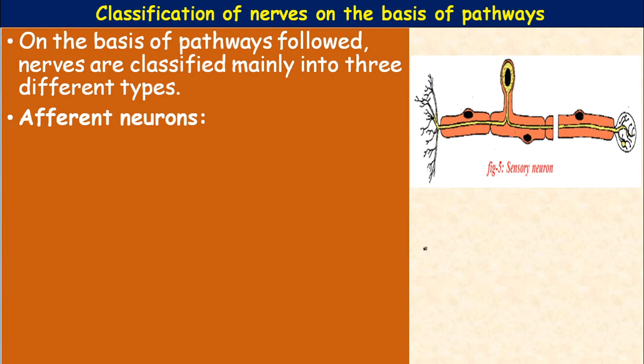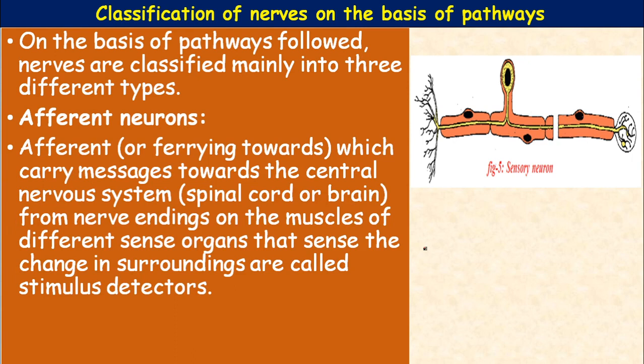So these are called afferent fibers. Afferent means ferrying towards or incoming, which carry the messages towards the central nervous system, brain or spinal cord, from nerve endings on the muscles of different sense organs that sense the change in surroundings. They are called stimulus detectors. The stimulus detectors are nothing but the receptors.